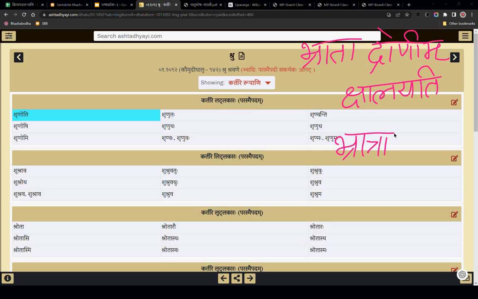Next one, Dronim becomes Droni. Then Kshalayati. This is like Preshayati, Pujayati, Kshalayati, Kshalyate. Bhratra Droni Kshalyate. By the brother, that vessel is being washed.